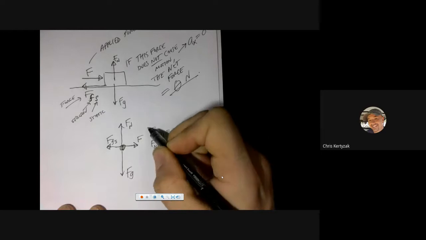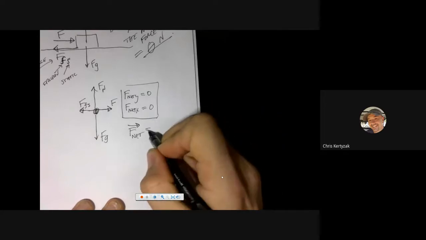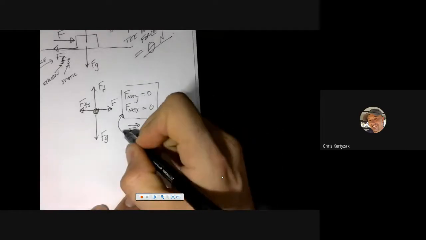All right, so this means the net y component forces add up to 0, and it means that the net x component forces add up to 0. And if that's true, if forces are balanced in all directions, then we can just say the net force in general, in total, as a vector, must be 0. Because F net as a full vector has to be thought of in terms of the two pieces, the x forces and the y forces, right?